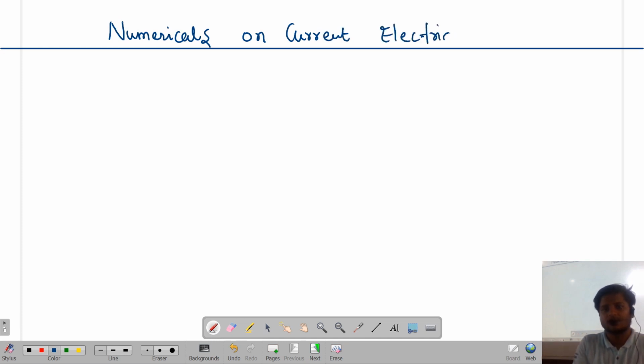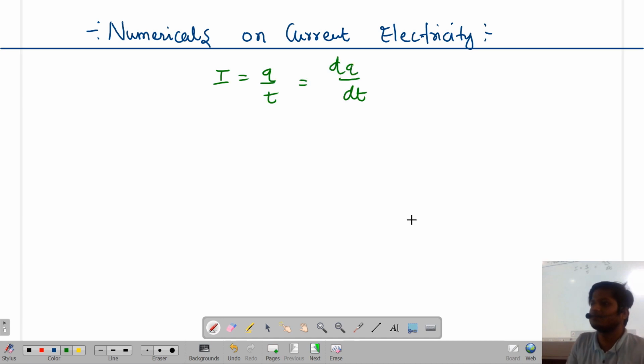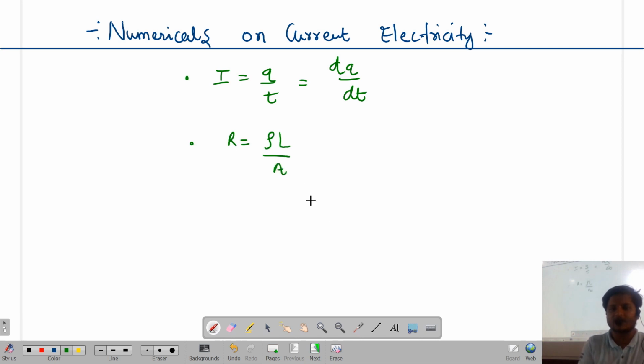Okay, before going through the solutions, a little bit of digression. I was q by t, yes or no? And it was also equal to dq by dt, yes or no? Second formula was R is equal to rho L by A. Third formula, mu is equal to mobility, was drift velocity by electric field or not?